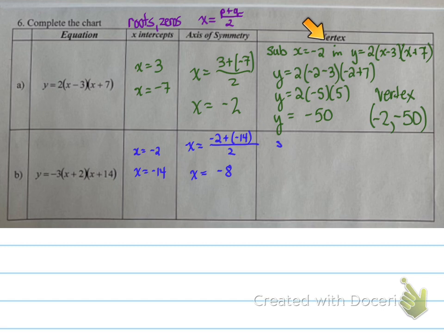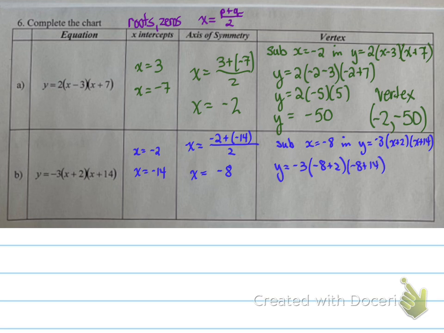Next, we need to find the vertex. We have our h value, we need our k. So we sub x equals negative 8 into the equation y equals negative 3, bracket x plus 2, close bracket, bracket x plus 14. We plug it in and we get y equals negative 3, bracket, negative 8 plus 2, close bracket, negative 8 plus 14, close bracket.